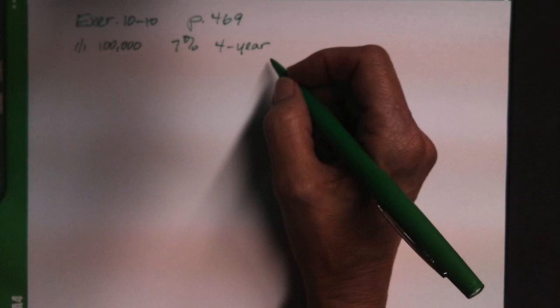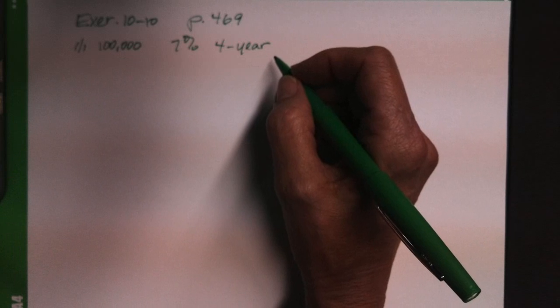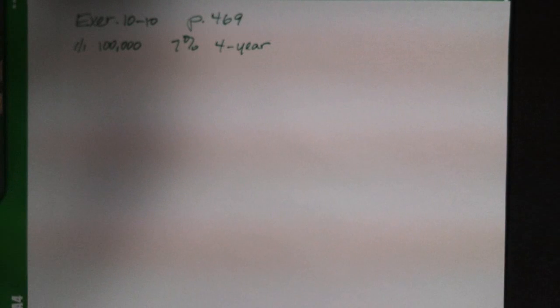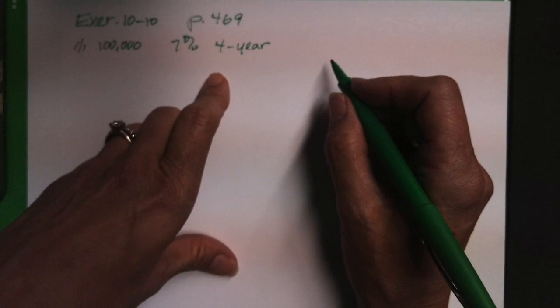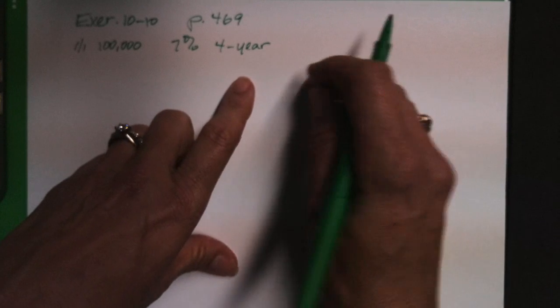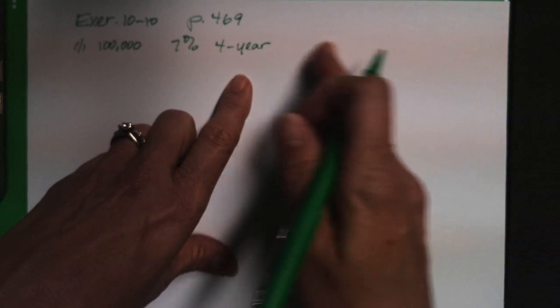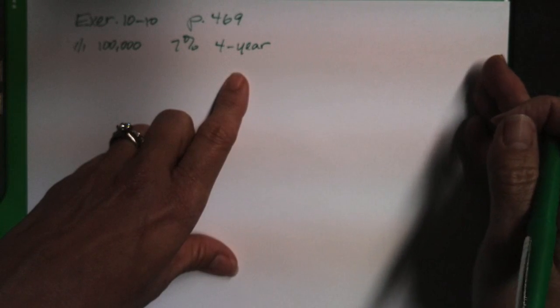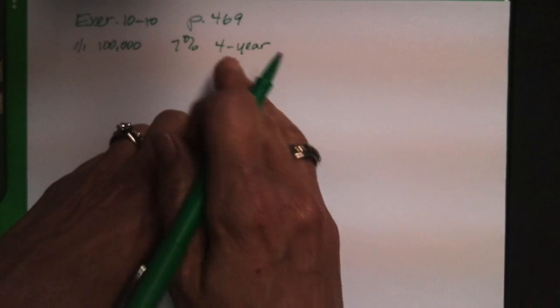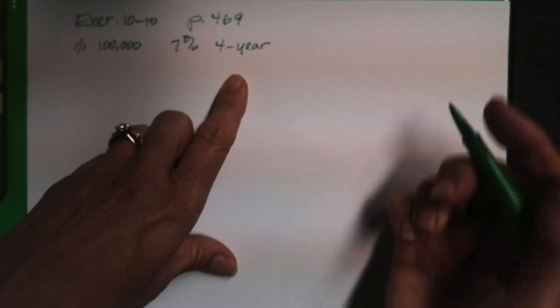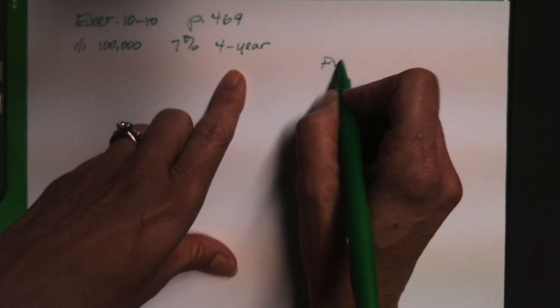Let's think backwards about this. Think about it like the loan is the present value. The loan is what it's worth now. What 4 payments can be made with a certain interest rate that are really worth $100,000 now with a 7% interest rate? Let's set up our table in reverse.